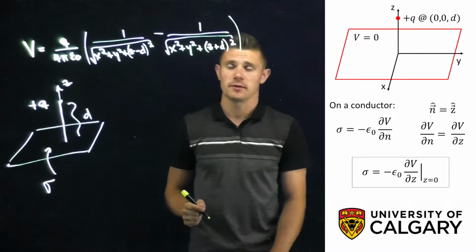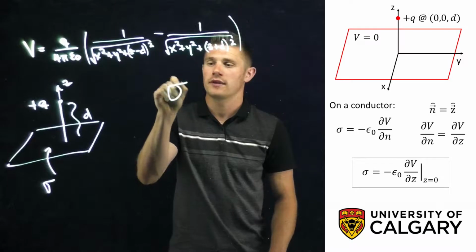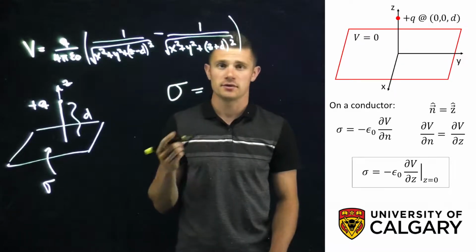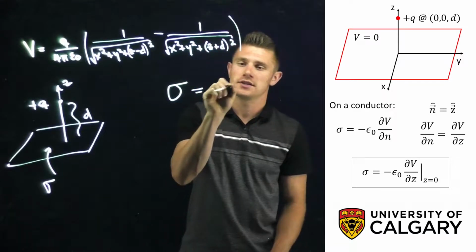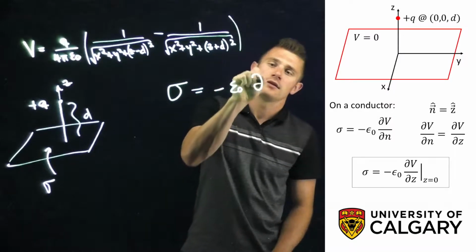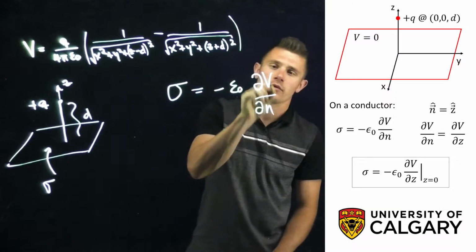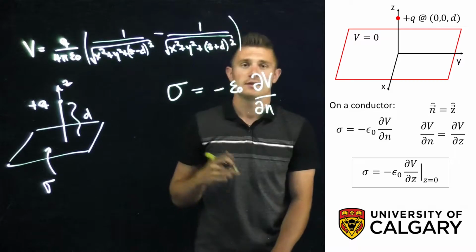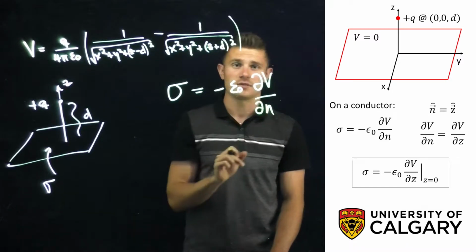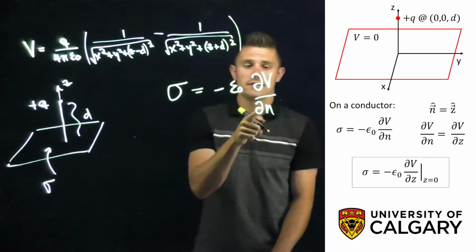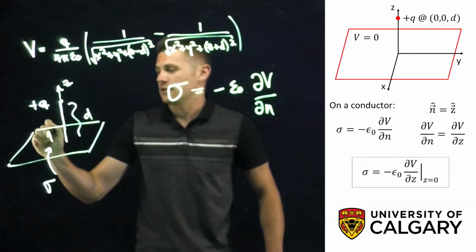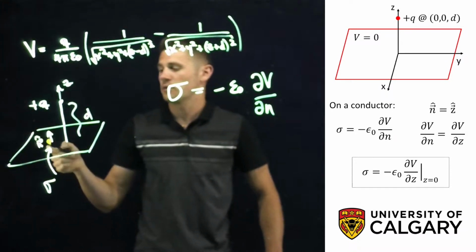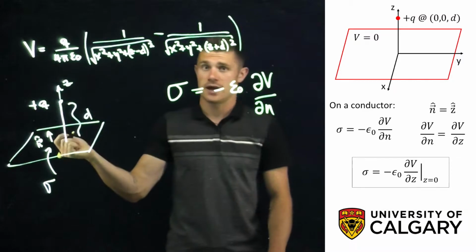on this conducting plane. And we can find that by remembering that in chapter 2, we found that the induced surface charge on a conductor is equal to negative epsilon naught dV by dn, where V is the potential and n is the normal derivative of this potential at the surface. In this case, our n hat vector will point perpendicular to the plane in the z hat direction.